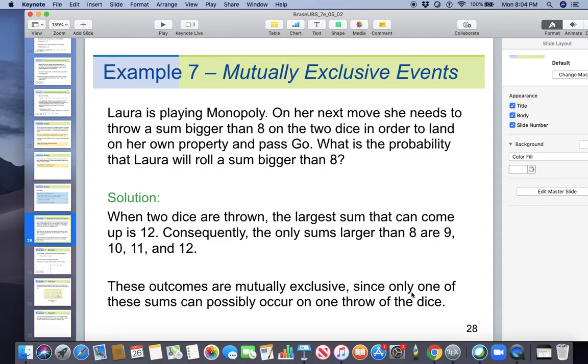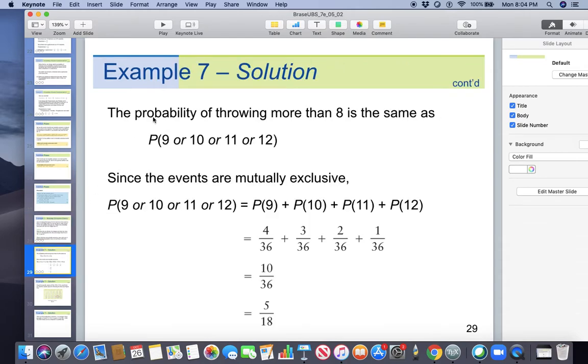Since only one of these sums can possibly occur on one throw of the dice, the probability of throwing more than 8 is the same as the probability of 9 or 10 or 11 or 12. Since the events are mutually exclusive, the probability of 9 or 10 or 11 or 12 is the probability of 9 plus the probability of 10 plus the probability of 11 plus the probability of 12.